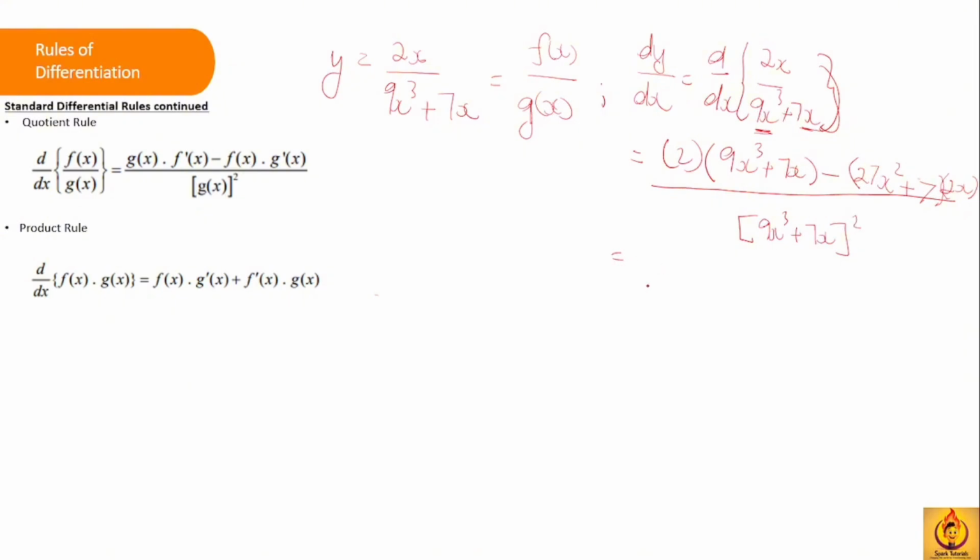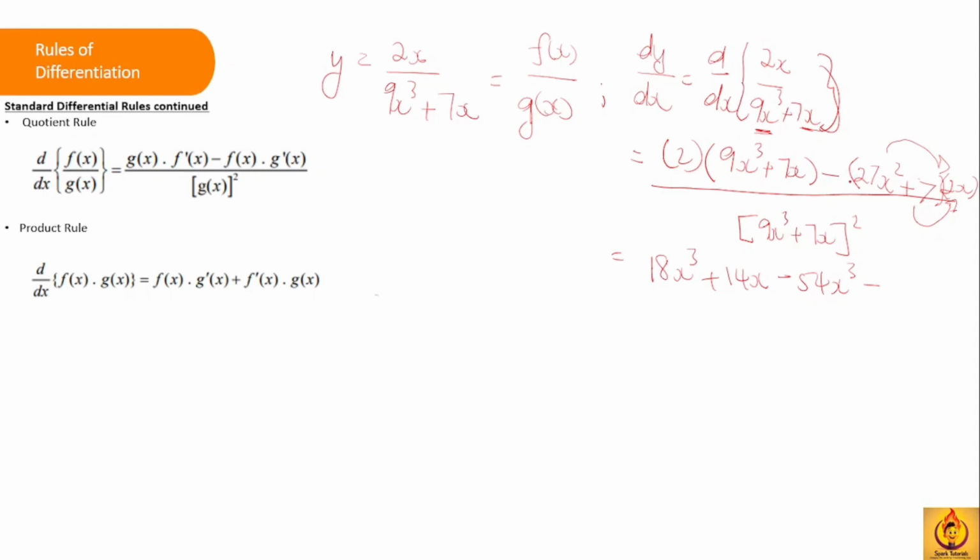You just multiply now, you do your simplification. 2 times 9 is 18, x cubed plus 14x minus 54x cubed, because you're multiplying this 27x squared by that 2x, and you must also multiply the 7 by the 2x. The reason why we're saying minus is because of this minus.